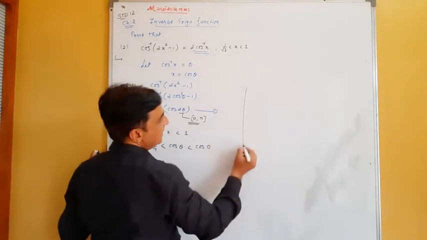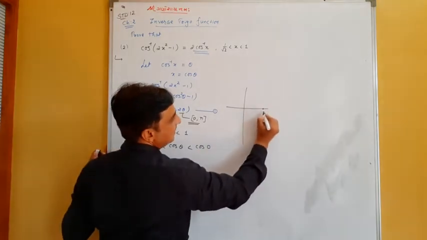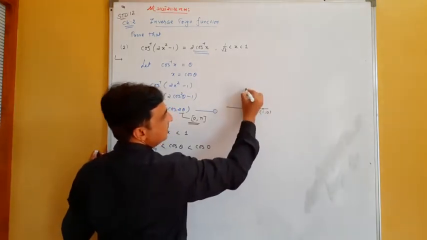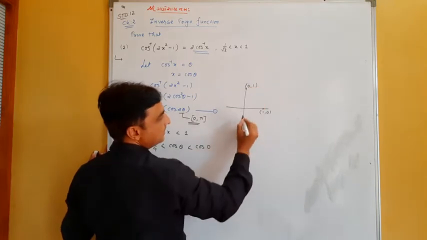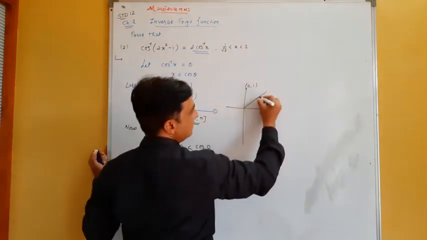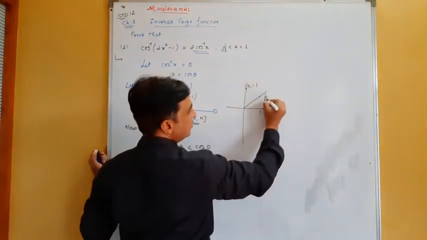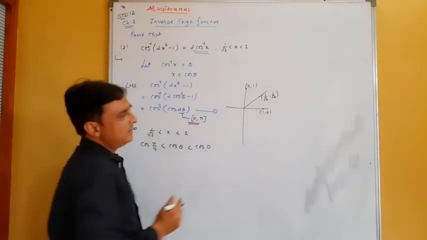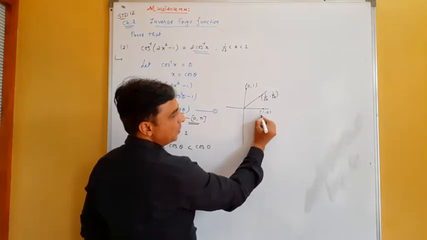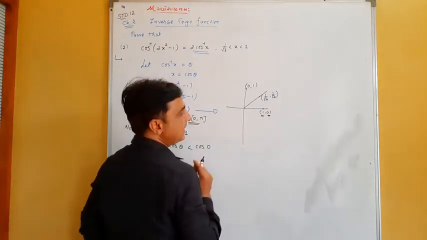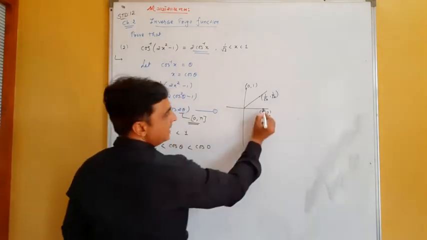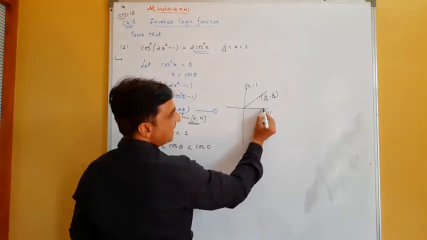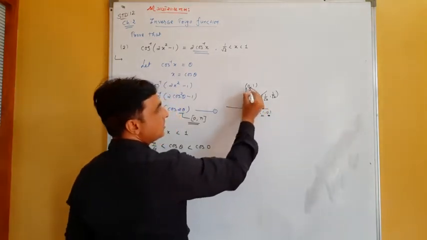Now see, it has 1, 0, 0, 1, and somewhere here 1 by root 2, 1 by root 2. See, the x coordinate denotes the value of cos theta and y denotes the value of sin theta. In the first quadrant, cos goes from 1 to 0.